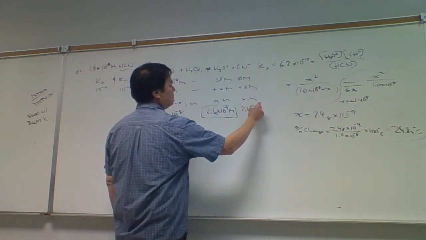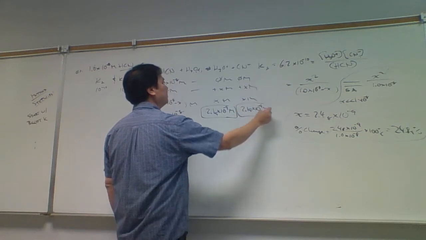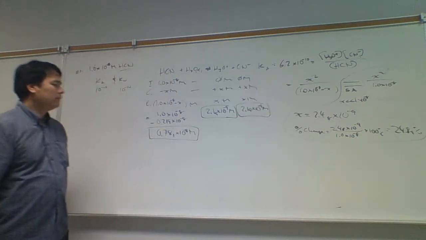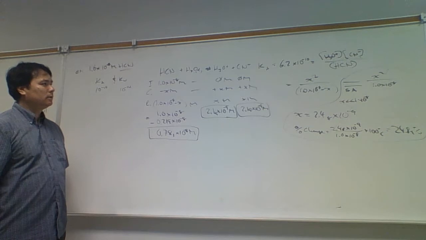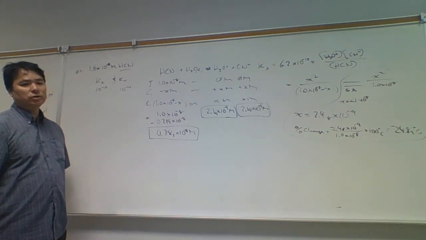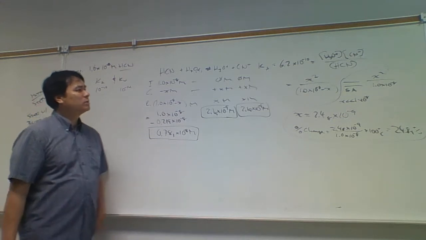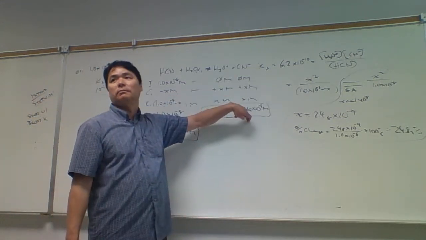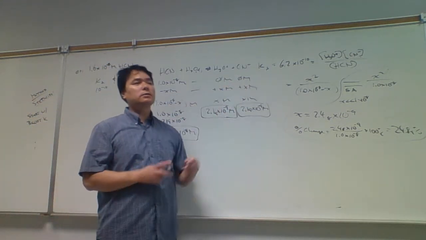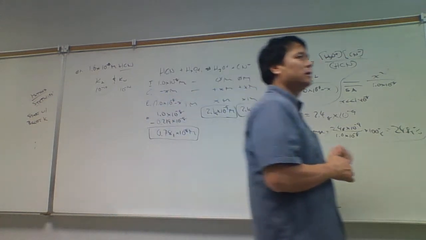2.19 times 10 to the minus 9. So we don't stop here because water can also contribute hydronium, and so we have to consider that. And cyanide, would cyanide contribute hydronium? No, cyanide doesn't contribute hydronium, but you know what cyanide is. Cyanide's a base.